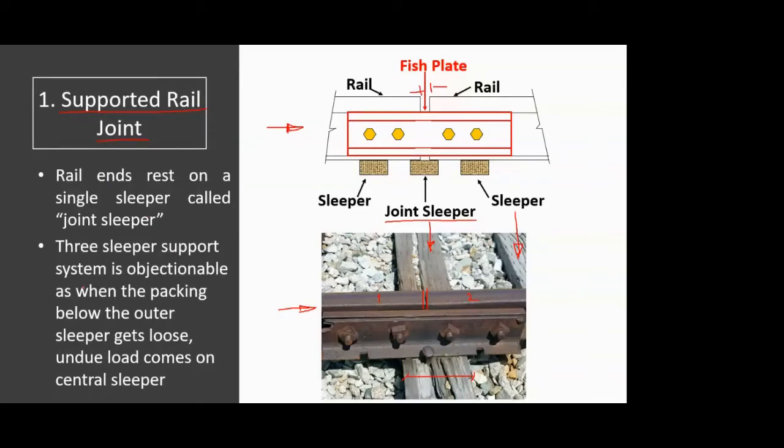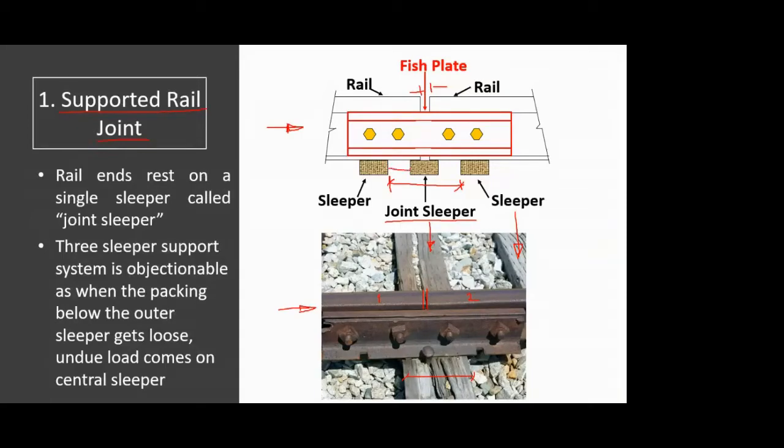Now generally this type of rail joint is not much used in practice, because of the packing. Whatever is the general spacing of the sleepers, we are differing from that spacing criteria and introducing one more sleeper.